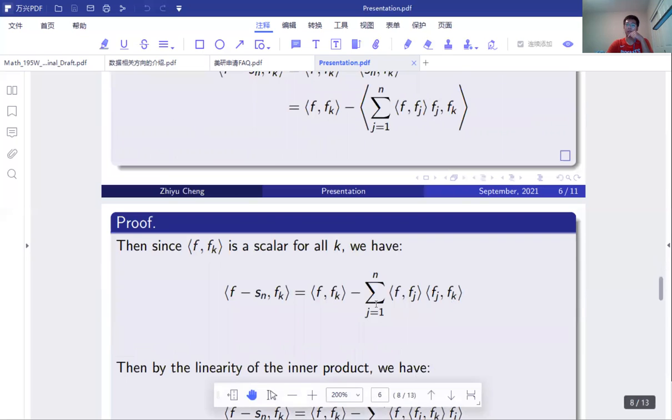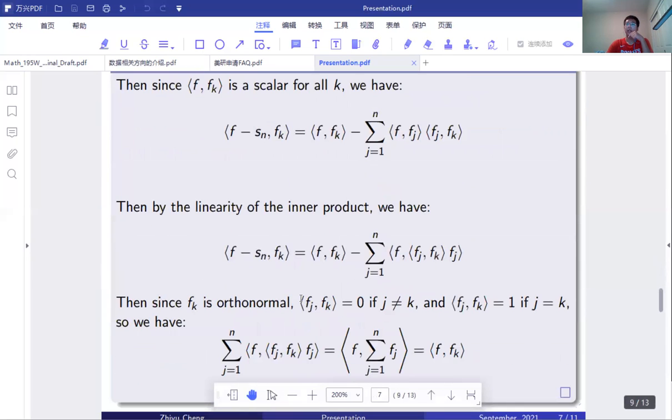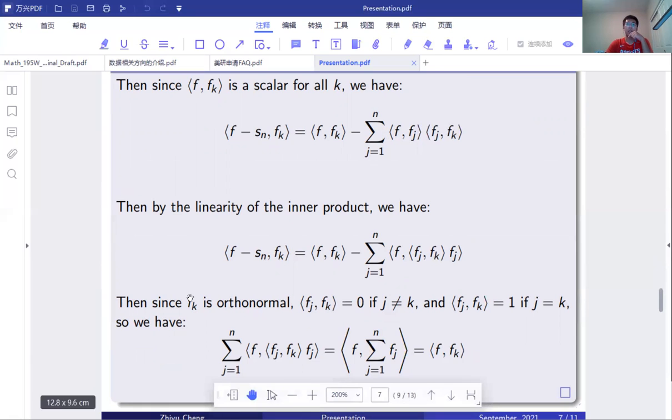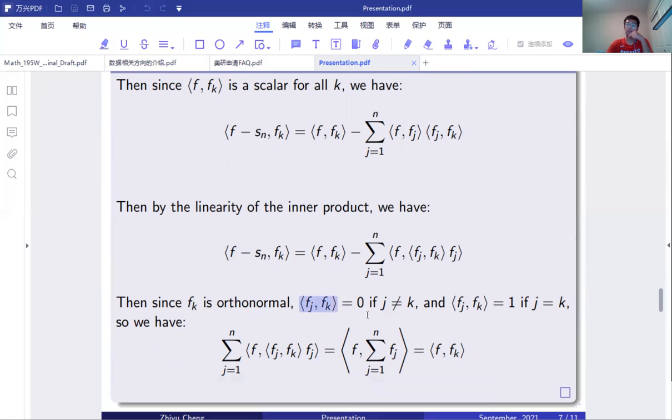Then, by linearity, we put this scalar into this inner product. Since f_k is also orthonormal, this inner product equals 0 if j is not equal to k, and their norm is 1. So we have the following.